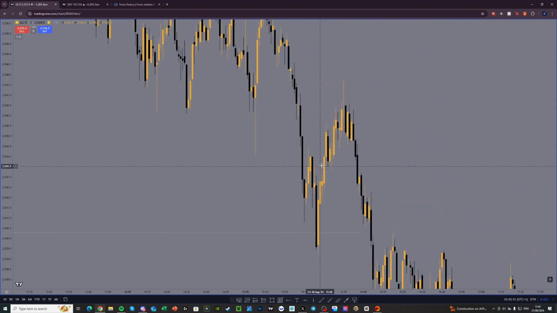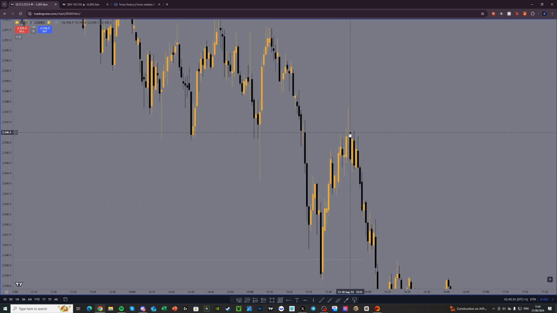Or if you see a pullback into one of the discount arrays and you see it use that to support higher prices, that's telling you it's going to continue higher. And that's what we get. We get the latter. We come back down into the first fair value gap. The higher the PD array, in this case, the better.